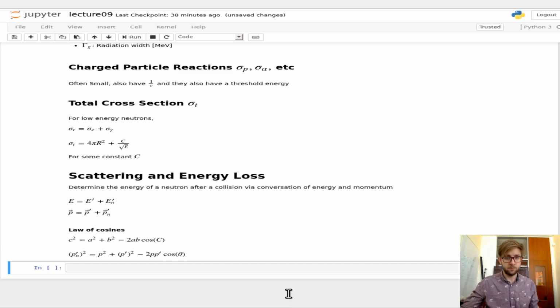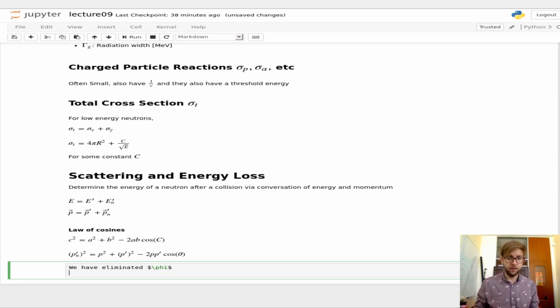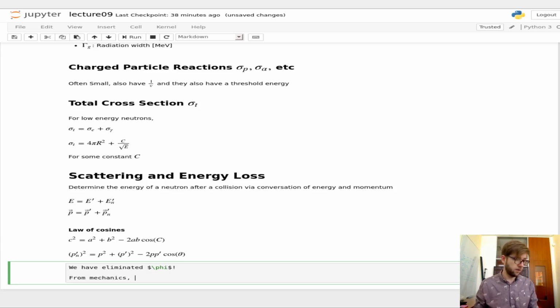And so, from mechanics, that's one variable down. We know that the momentum P equals the mass times the velocity, and thus the momentum squared equals the mass squared times the velocity squared.